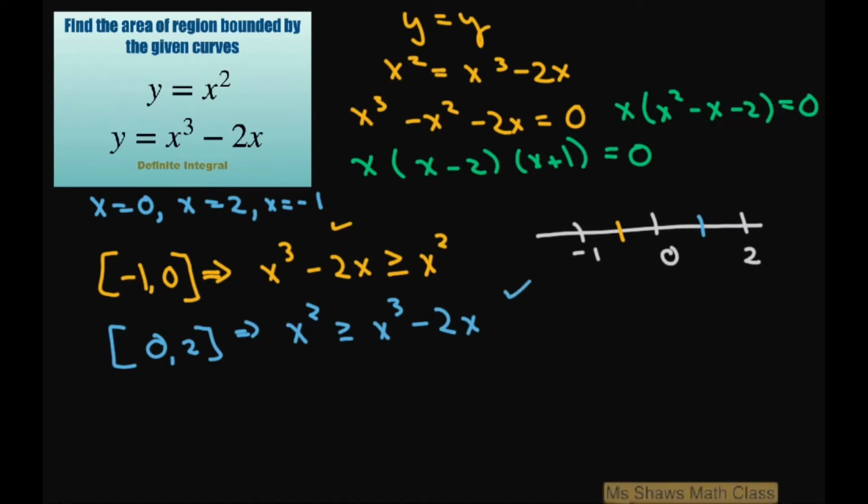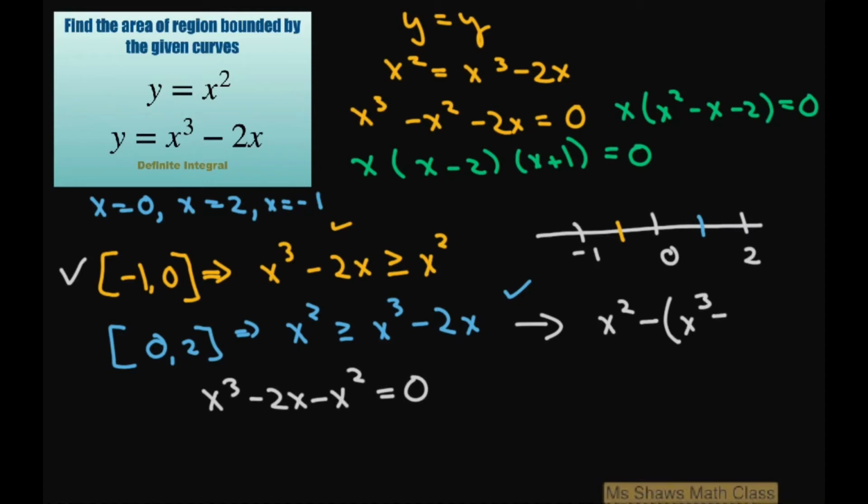All right, so you just kind of mentally do that a little bit. So if that's the case, for this interval, I can write x cubed minus 2x minus x squared greater than or equal to 0. And for this one, I can write x squared minus (x cubed minus 2x) greater than or equal to 0.